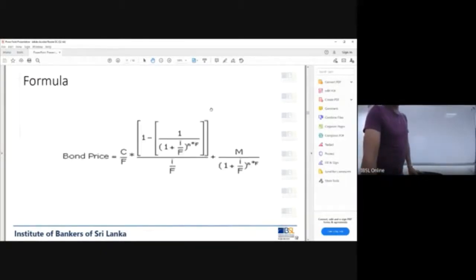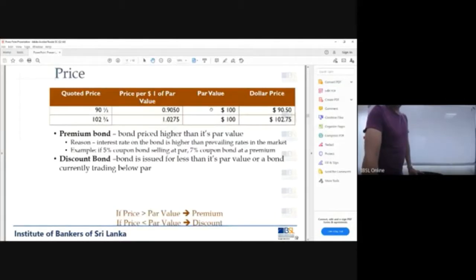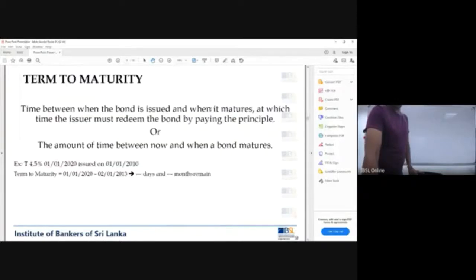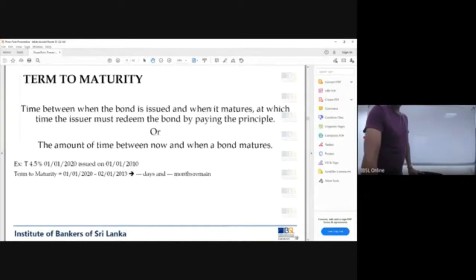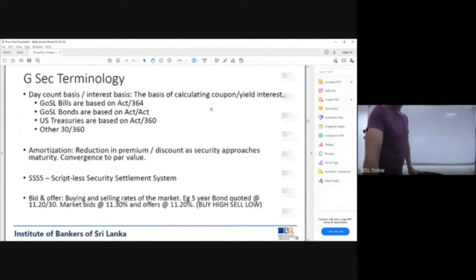We did a price calculation. This is the formula which you need not memorize. Then we discussed discounts and premiums. Term to maturity. And we did day count basis.